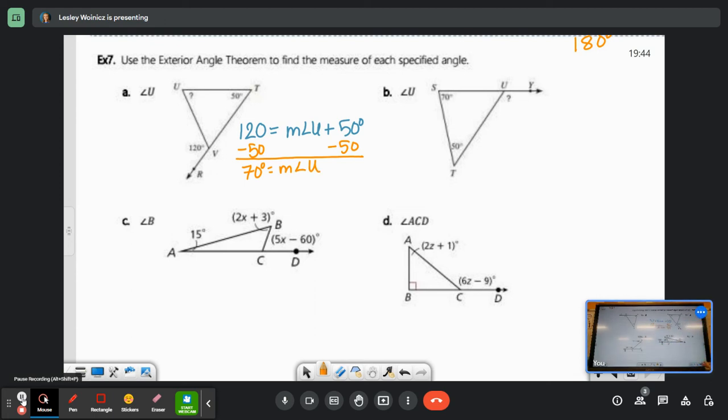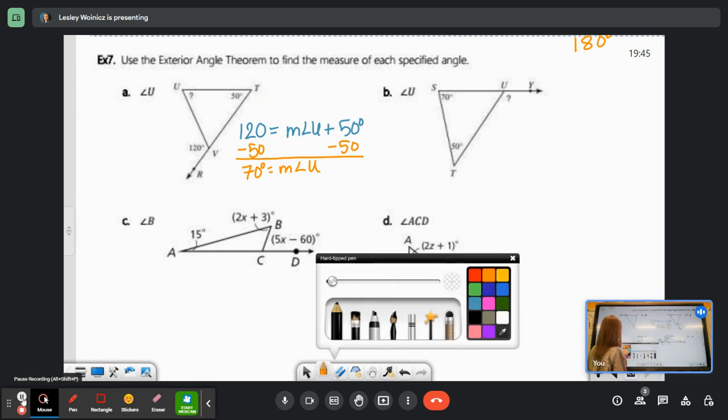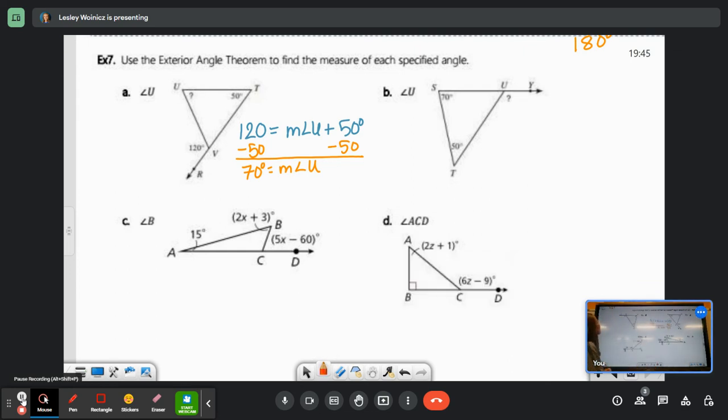Done. All right, let's find the measure of this other angle U. Oh, this one's way easier. Okay, they gave us the remote interior angles, so we just have to add them together and get the exterior angle.